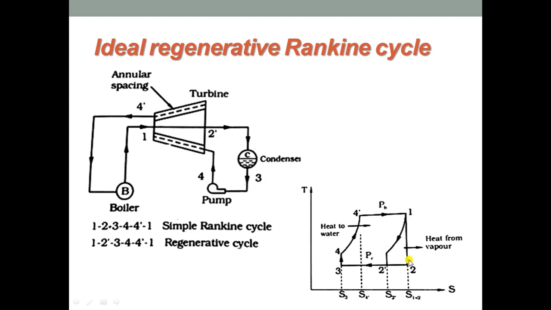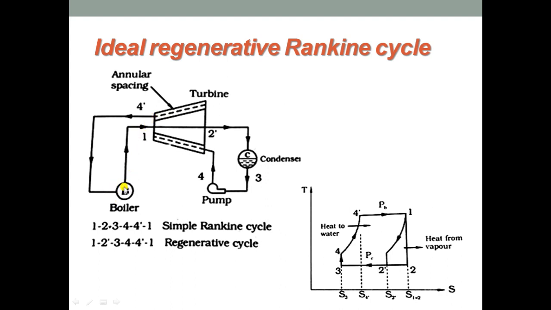Steam expands in the turbine from the condition 1 to 2 dash instead of path 1 to 2. It gets condensed in the condenser from point 2 dash to 3. Then it is pumped around the turbine casing, followed by regenerative heating and heating of feed water in the boiler.